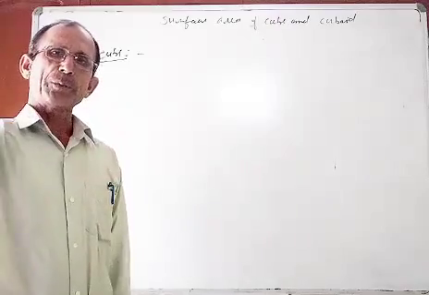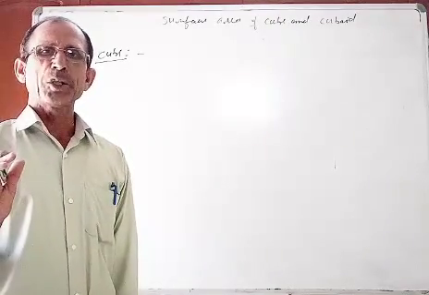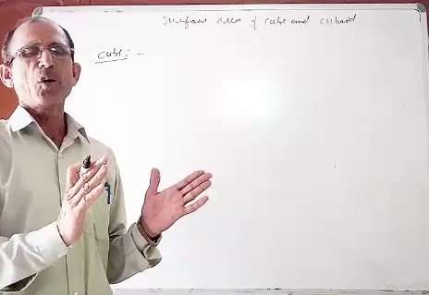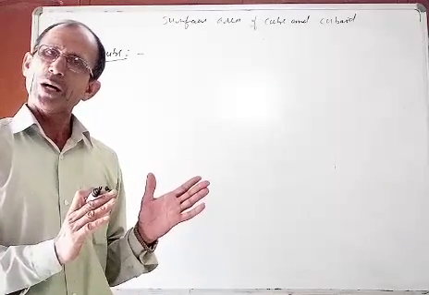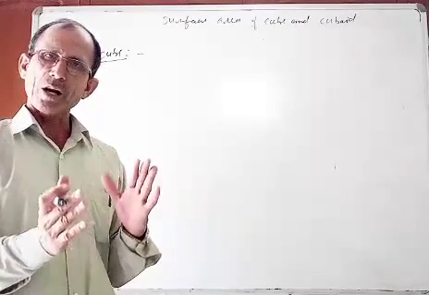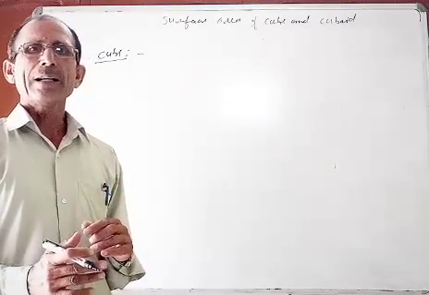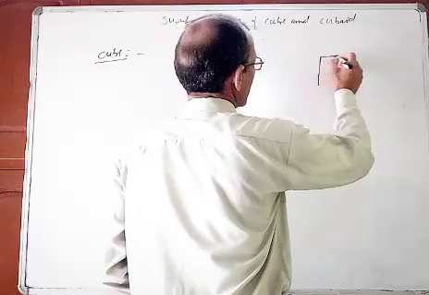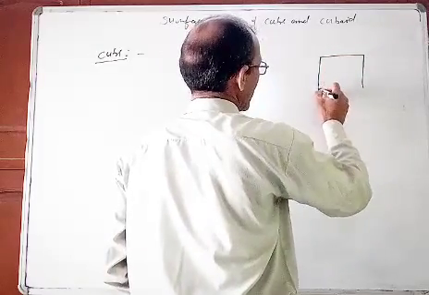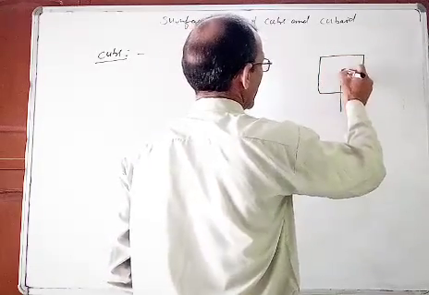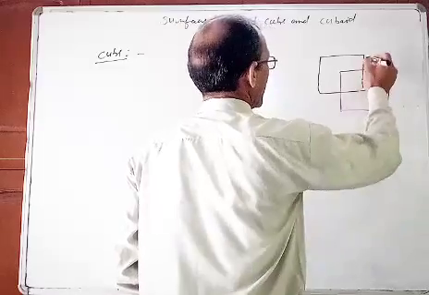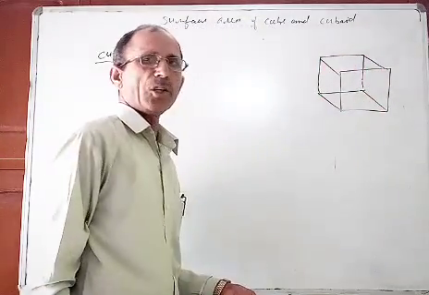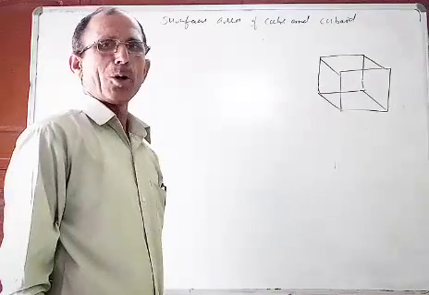Cuboid has all the faces rectangular, but cube has all the faces square. So all the faces square will be like this. So this is a cube.